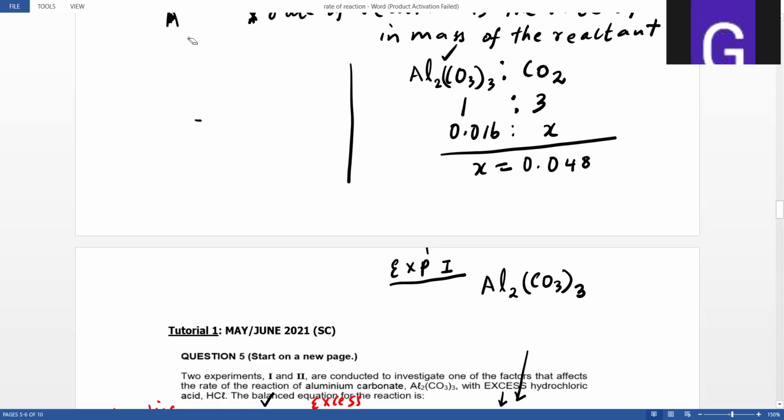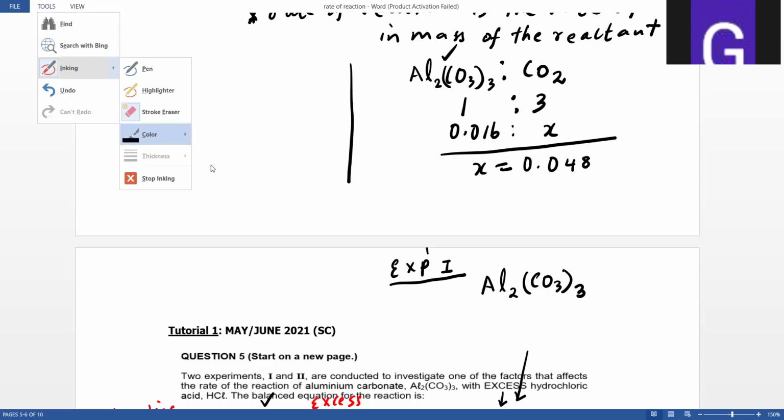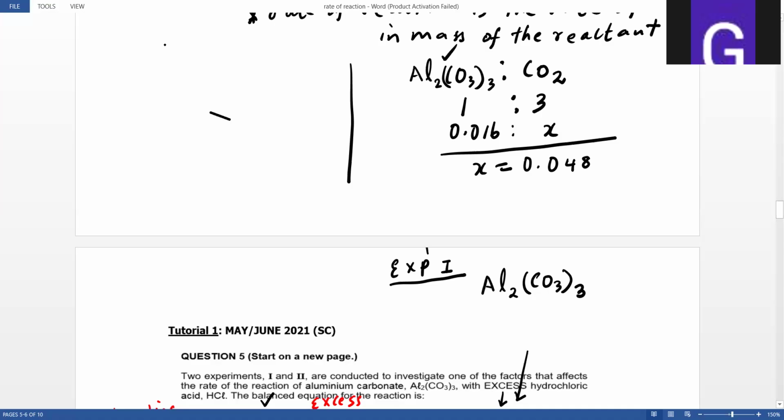Okay, let's check what we're given. For carbon dioxide, we know the number of moles of carbon dioxide. What is the number of mole that were produced? 0.048 mole.